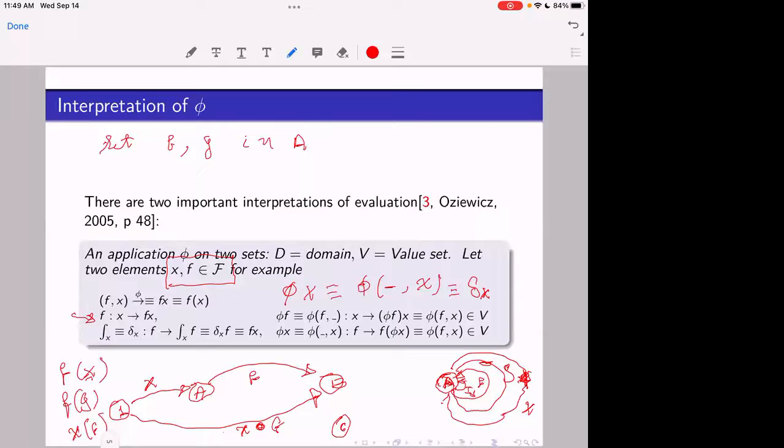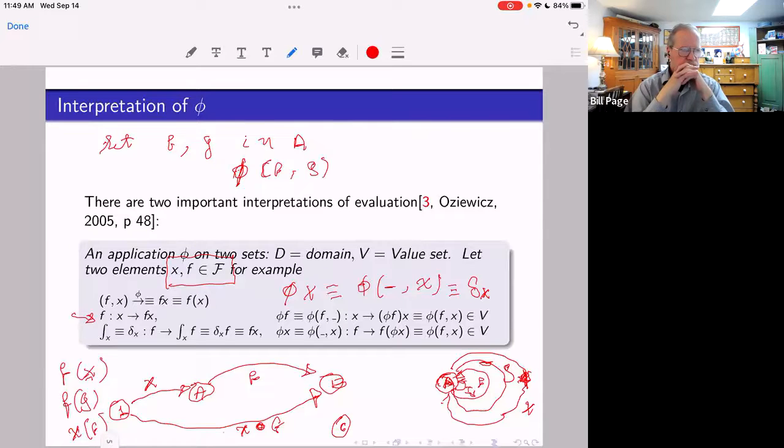Then I can define an application phi that is an operation, a categorical product. Yes? Because, okay, I need more. Maybe I can go to the blackboard? Yes, sure.